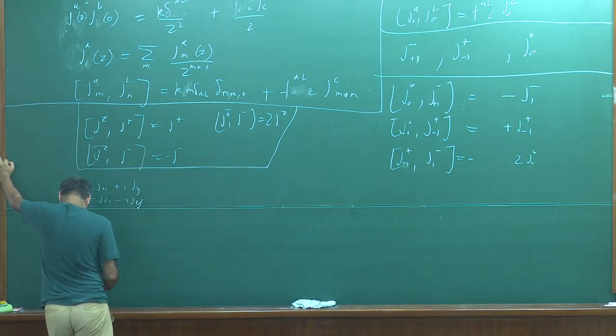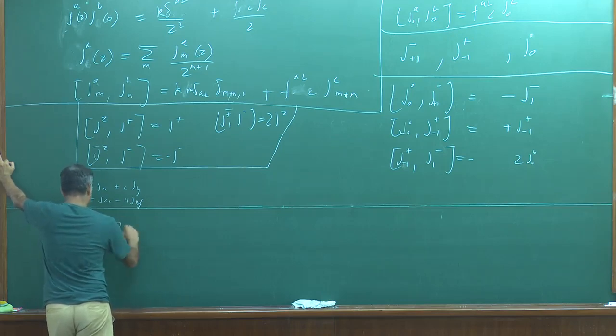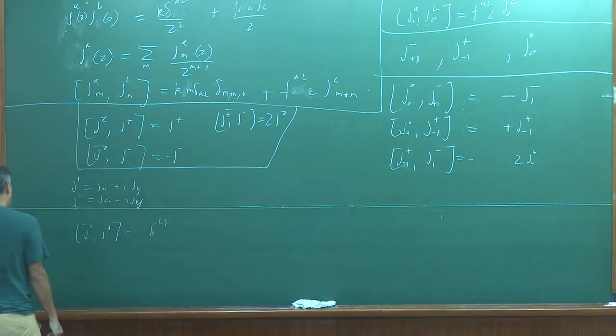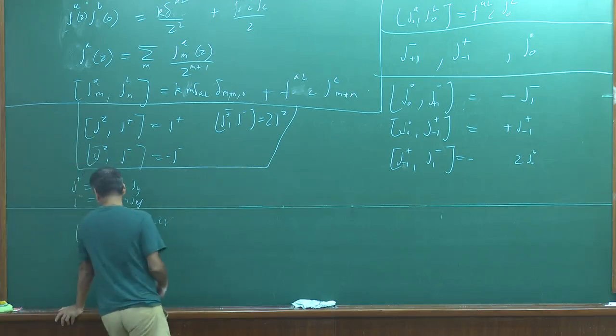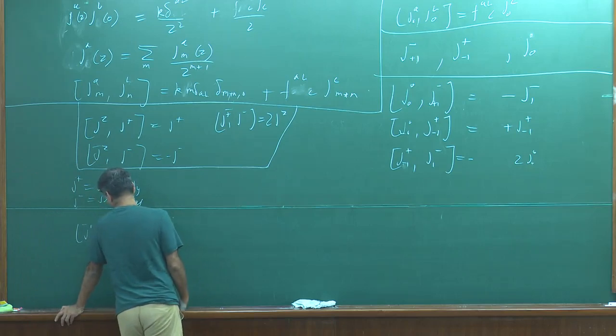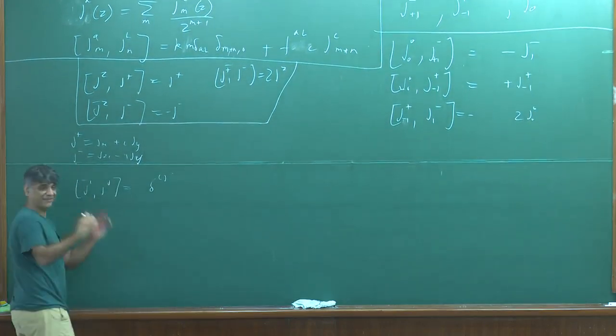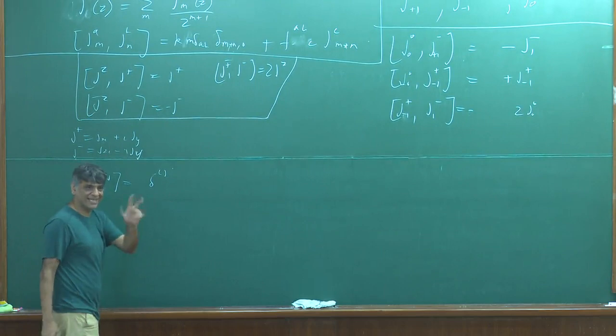How should we think of this? Just one sec. If we have J^i, J^j, we have delta^{ij}, and it's easiest to just work it out. So it's whatever we get using delta^{ij} with x and y.